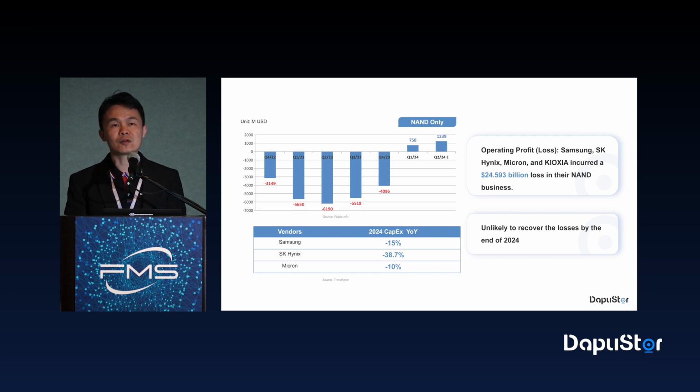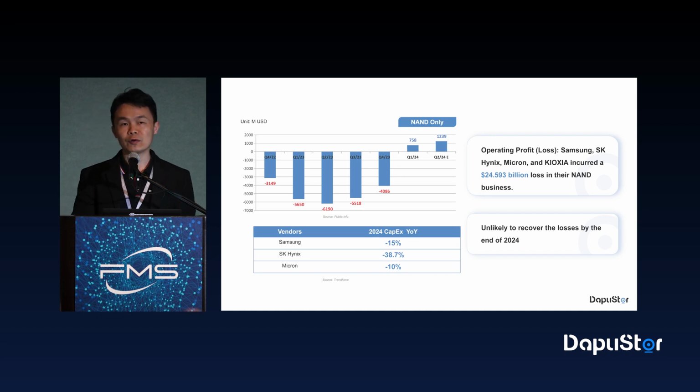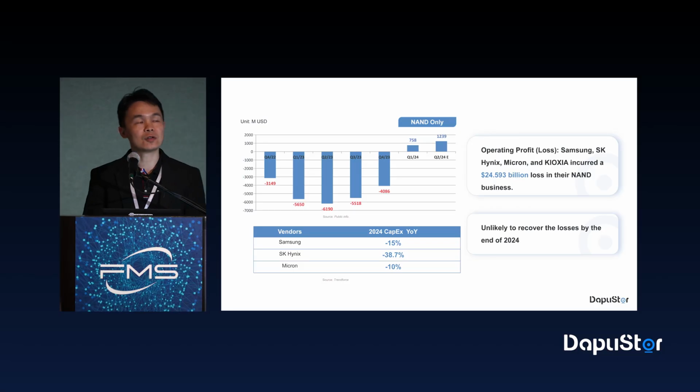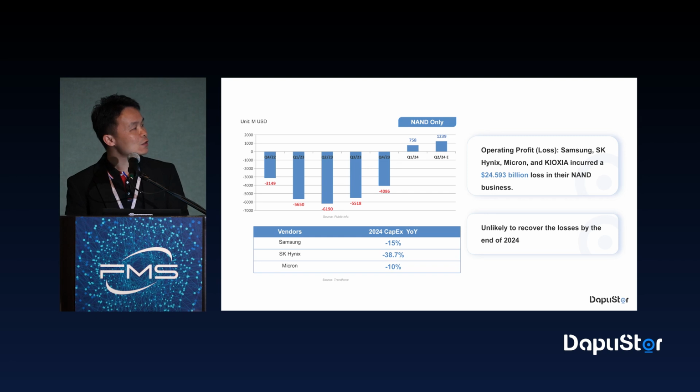Of course, they started to make money from Q1, but are unlikely to recover the losses by the end of 2024, probably by the end of 2025. In other words, the NAND makers won't make sense of this business for maybe 4 or 5 years. It's kind of a disaster. That's why the NAND makers are cutting capex.